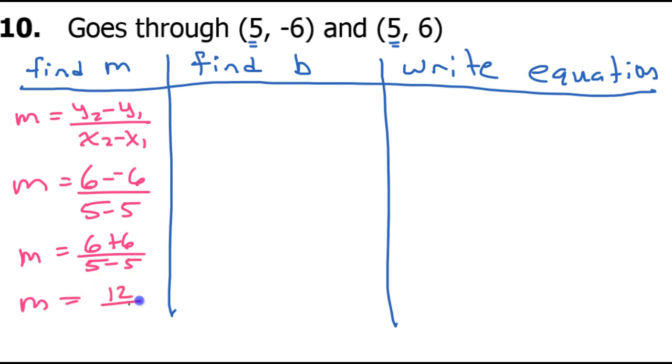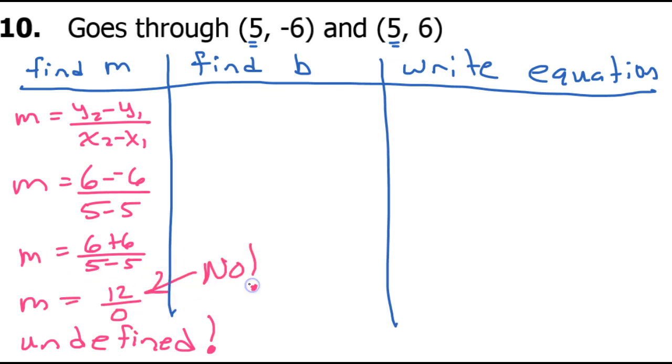So that's 12 over 0. You can't divide by 0. This is undefined. Okay, or sometimes they'll say no slope. All right, this is a big no, no. You can't divide by 0. Now, that happens when you have a vertical line. So when you have undefined, that means that you're looking at a vertical line.